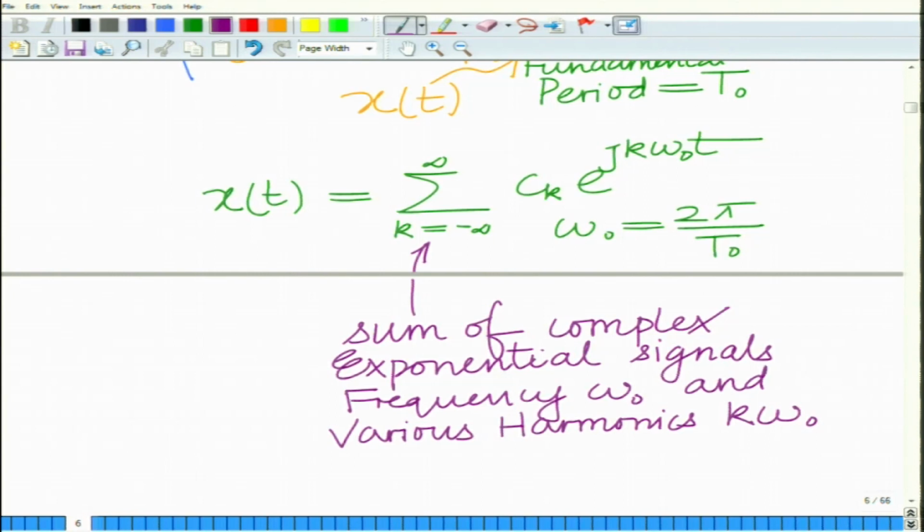So, it is a sum of complex exponentials at the fundamental frequency and the various harmonics, which correspond to integer multiples of omega naught, and x(t) can be expressed as the sum of an infinite number of such complex exponentials.